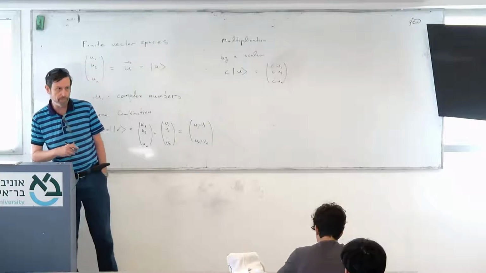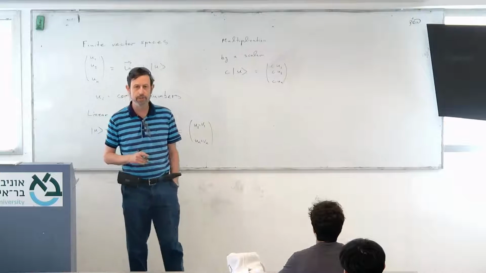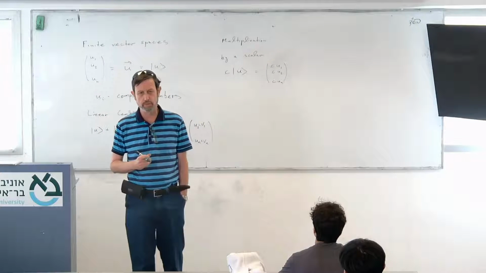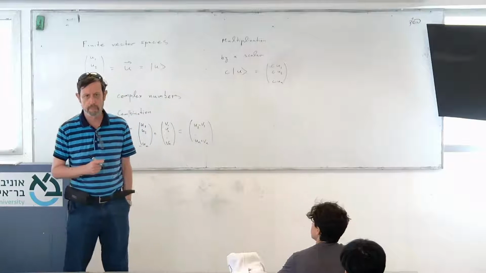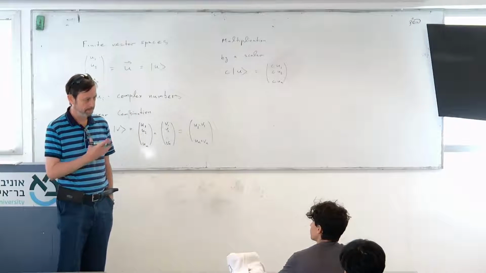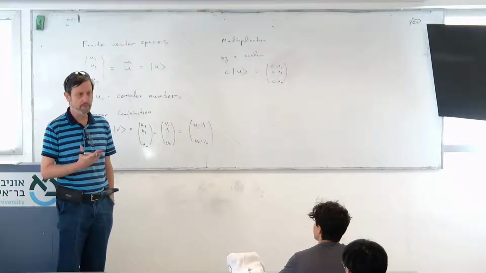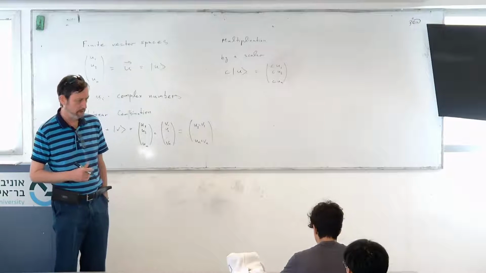What other form of vector multiplications do you recognize? Dot product or cross product.